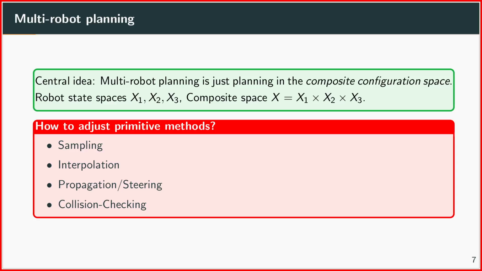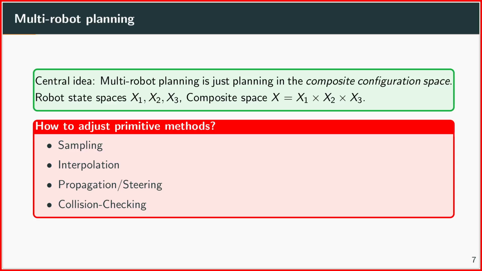And I would say the main central idea in multi-robot motion planning is that planning is just normal, standard, classical planning, but this time in the composite configuration space. And so, for example, if you have 3 robots, and those 3 robots have 3 state spaces, x1, x2, x3, then the composite state space is just the Cartesian product of those 3 state spaces.